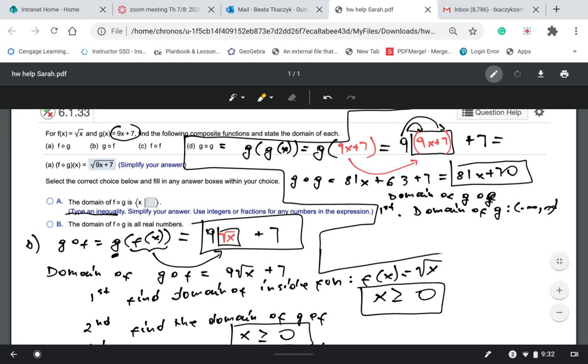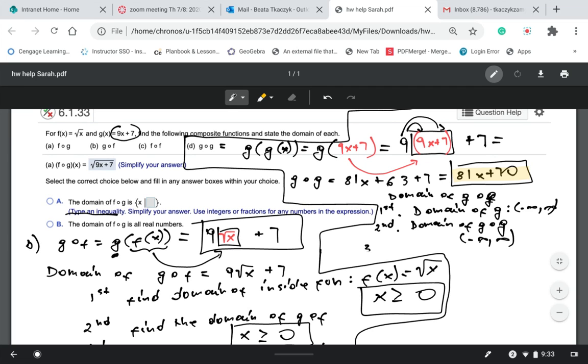Second, you have to find the domain of the composition. So our composition function, which is right here, 81x plus 70, is also a linear function. So the domain here is going to be also from negative infinity to positive infinity.